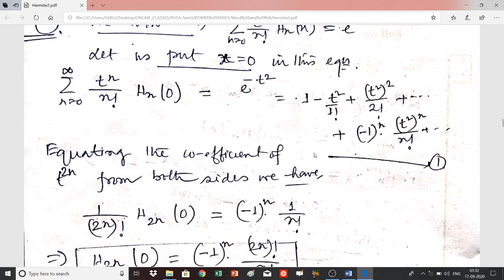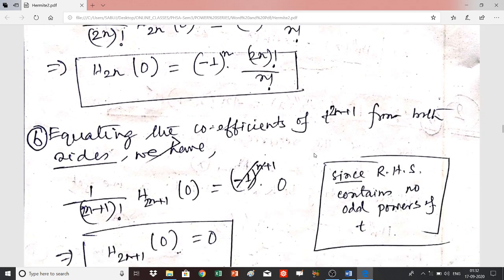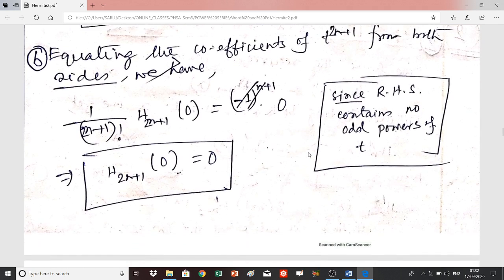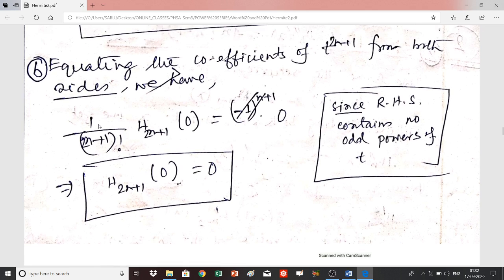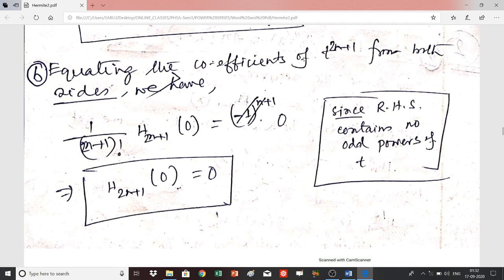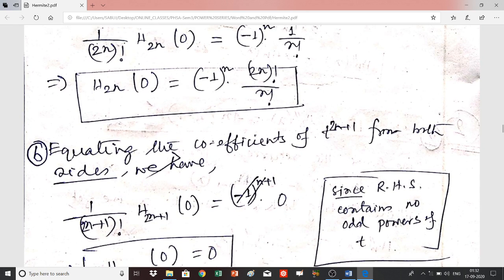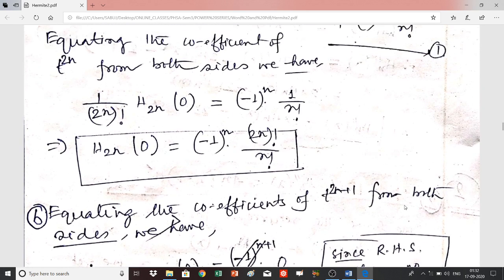So from the left hand side we get 1 by 2n plus 1, since n is replaced by n plus 1. Here 2n is an even number and plus 1 is an odd number, so on the right hand side no terms contain odd powers of t.